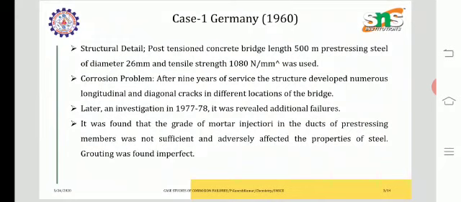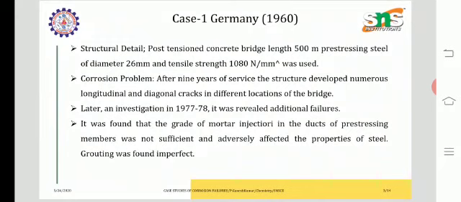In this bridge in Germany, after 9 years of service, the structure developed numerous longitudinal and diagonal cracks in different locations of the bridge.